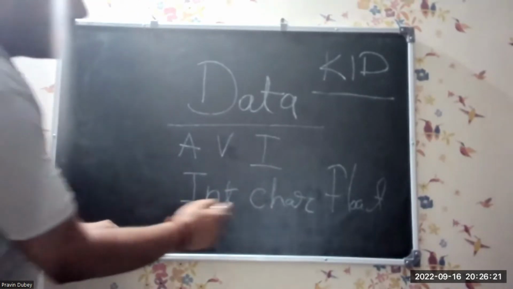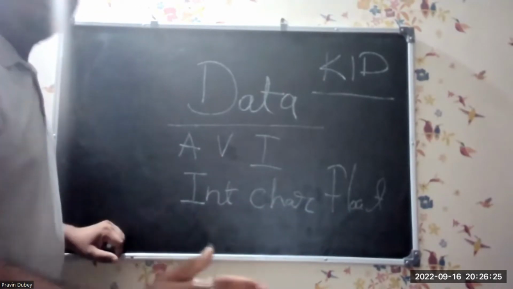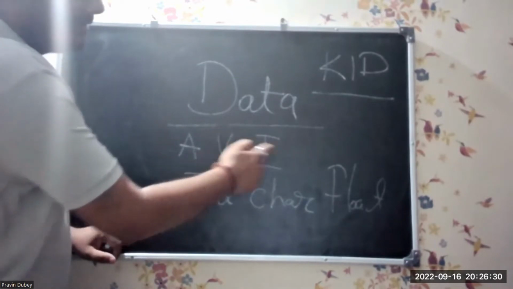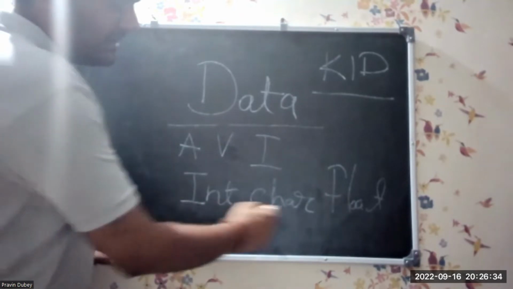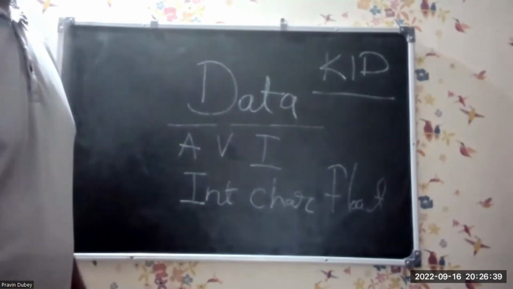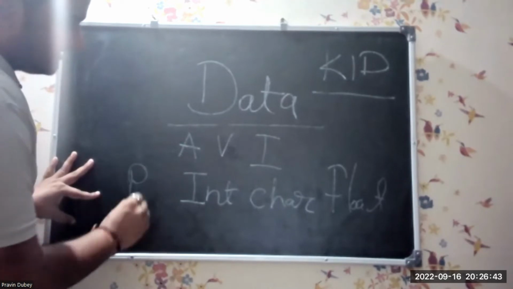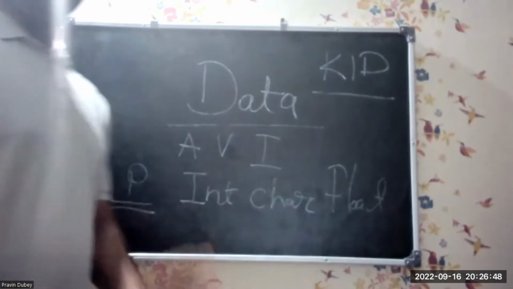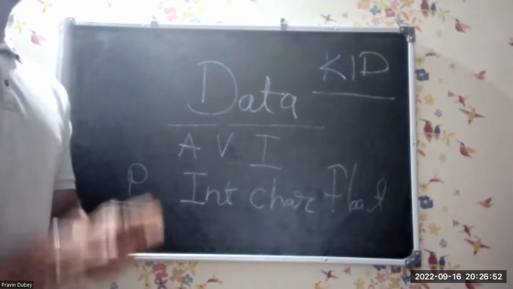Meaning you can combine these three types of data and create any type of data in the world, be it audio, video, or image. These three are called primitive data types, primary data types. Any question? Integer, character, float. Three basic types of data.